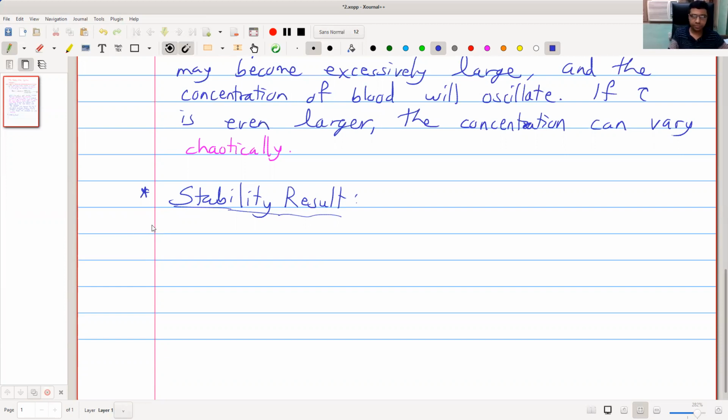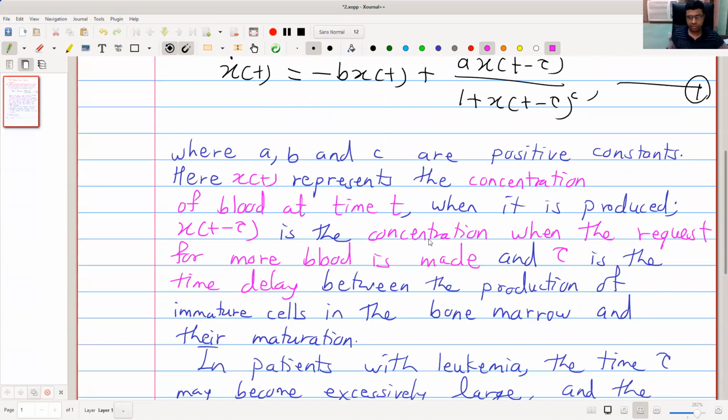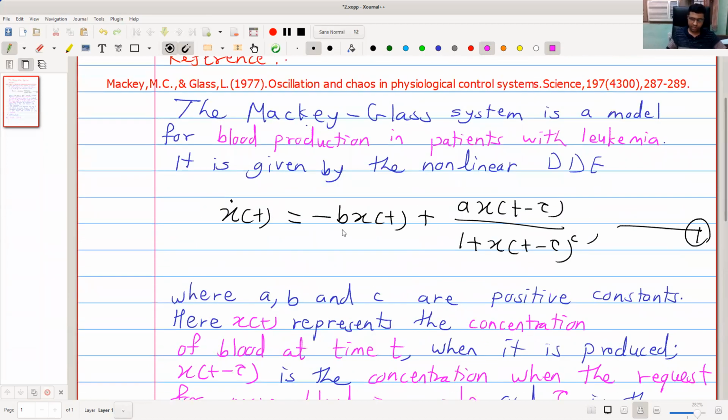Theorem. Consider delay differential equation 1, that is this one. x dot of t equal to minus b x of t plus a x of t minus tau divided by 1 plus x of t minus tau raised to c.